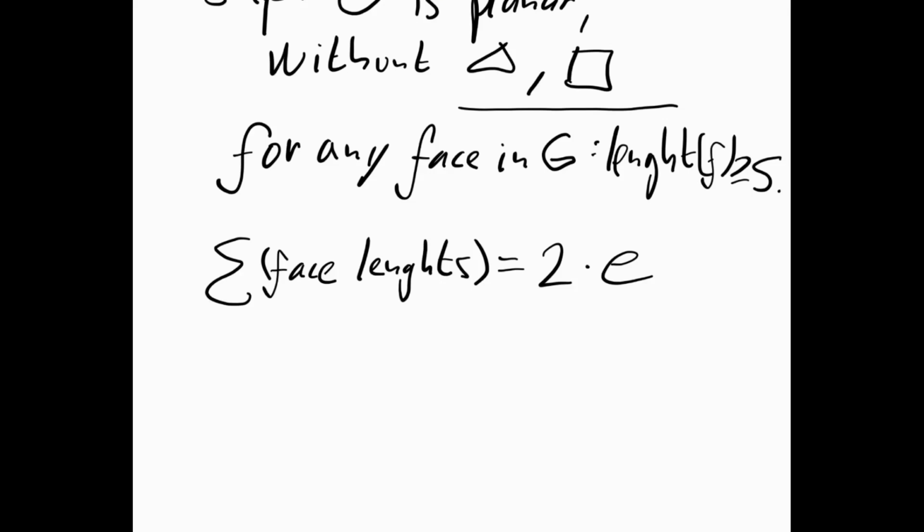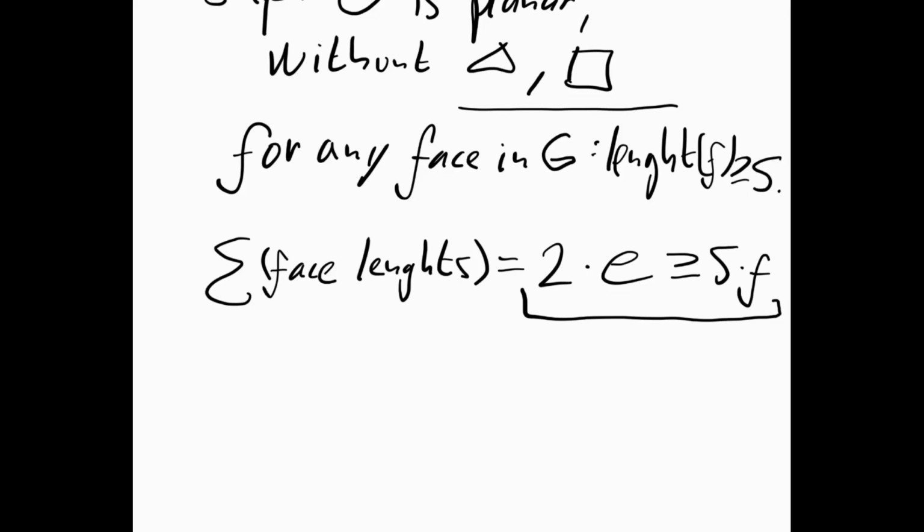And also we know that if every face has at least a length of 5, then the added lengths of faces must be at least 5 times the number of faces. So we have this equation right here.